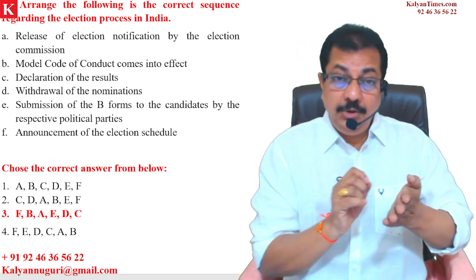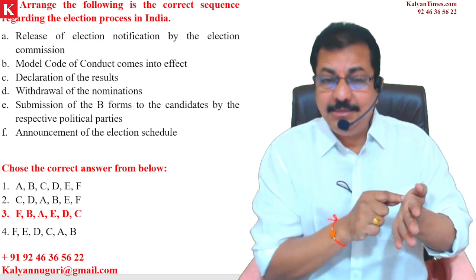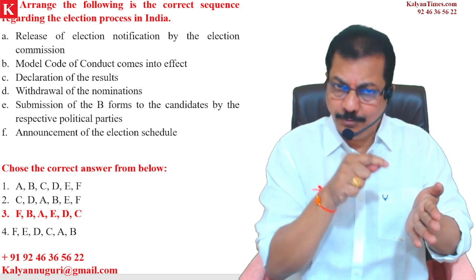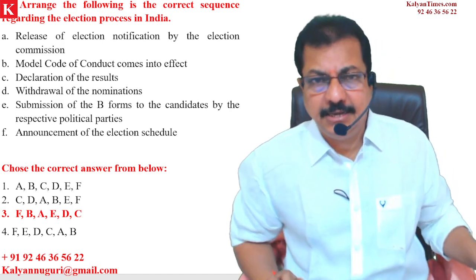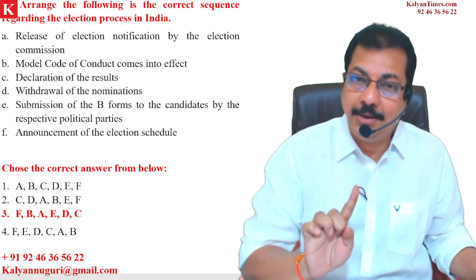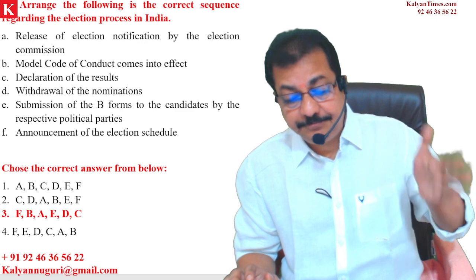Only after verifying the signature of the party president will the election commission finalize that so and so candidate belongs to so and so party. Hence, this person is recognized as a candidate contesting on behalf of a political party. That is Form B. Am I clear? So that is the statement E.